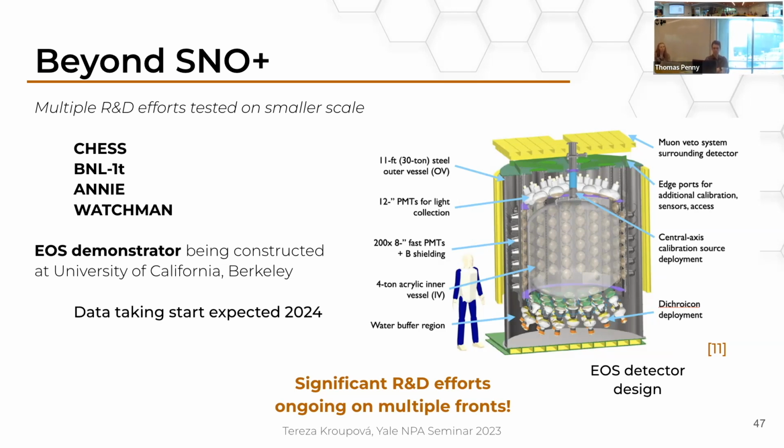It uses water-based liquid scintillator, and it also uses different photomultiplier tubes and a directional source. So we're planning to demonstrate the directionality in this scintillator-based detector. We're currently in the phase of building the detector, and we're planning to start taking data around 2024, next year.